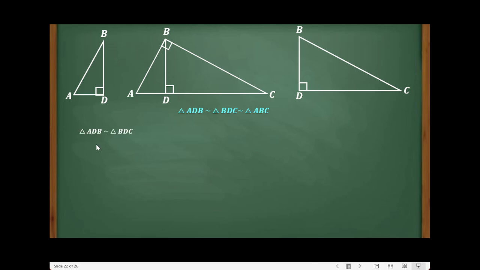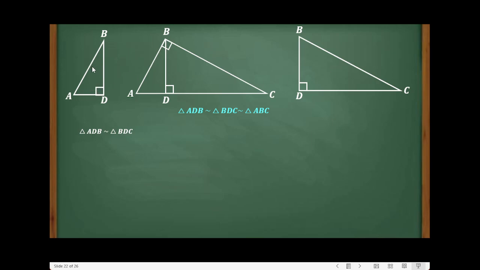Say this one, triangle ADB is similar to triangle BDC, this one. So we did not just write the mathematical statement for the similarity of these two right triangles. We see to it that we establish the proper correspondence of the vertices.